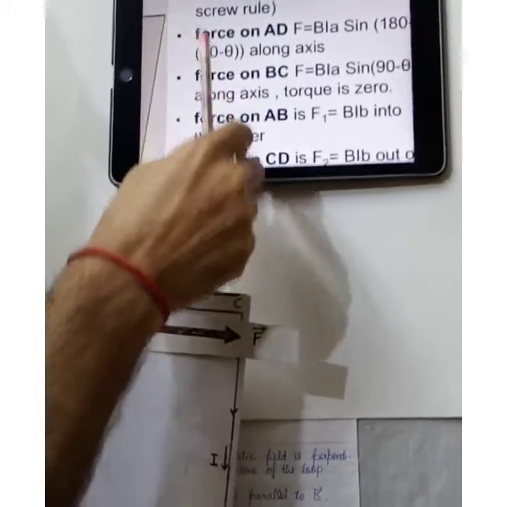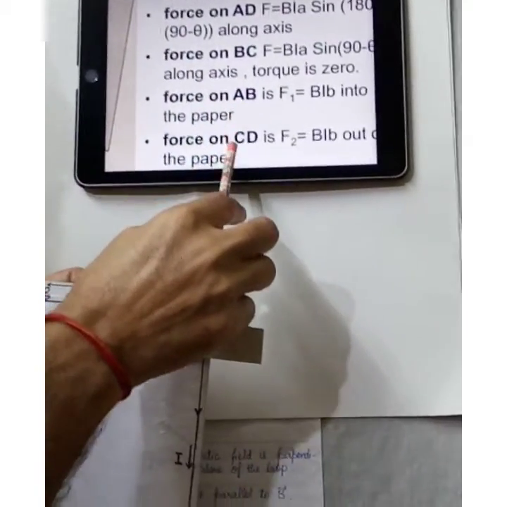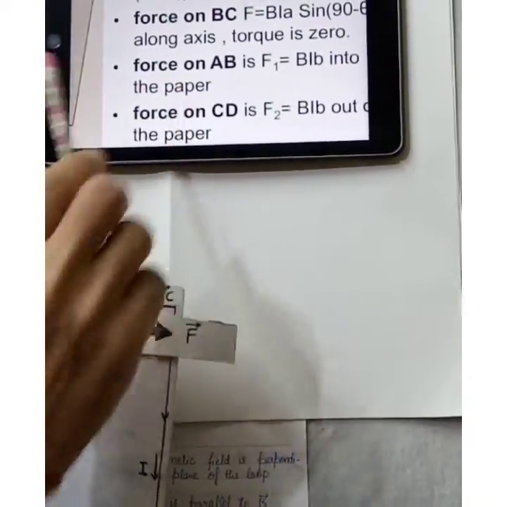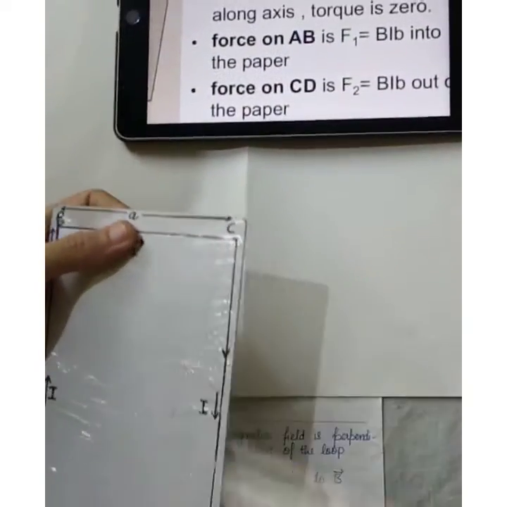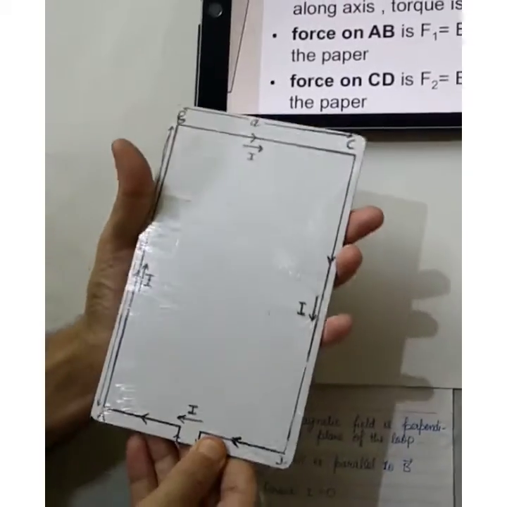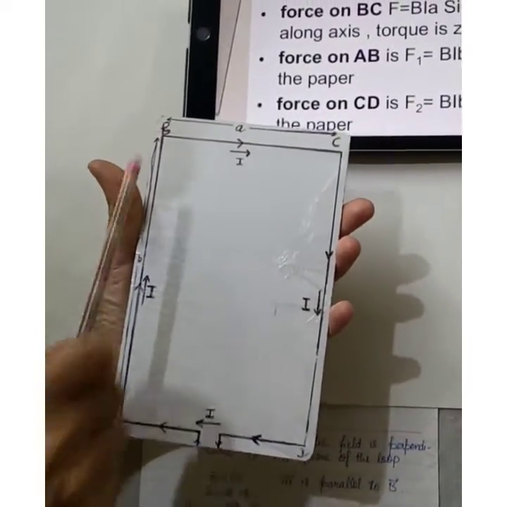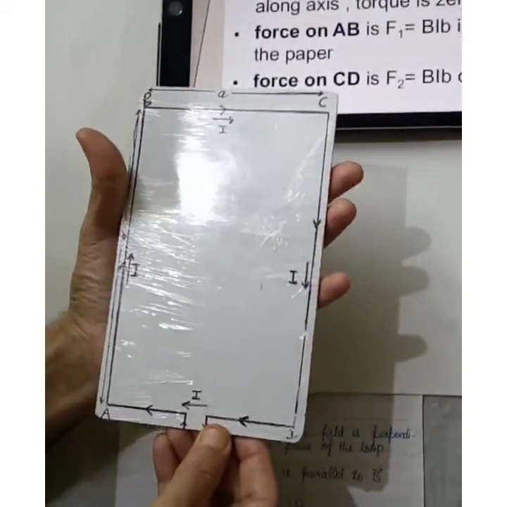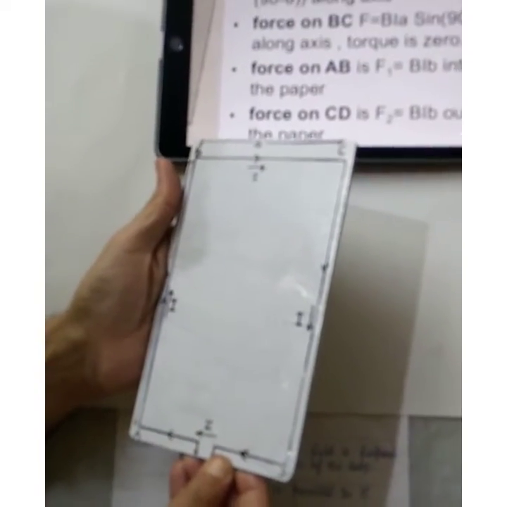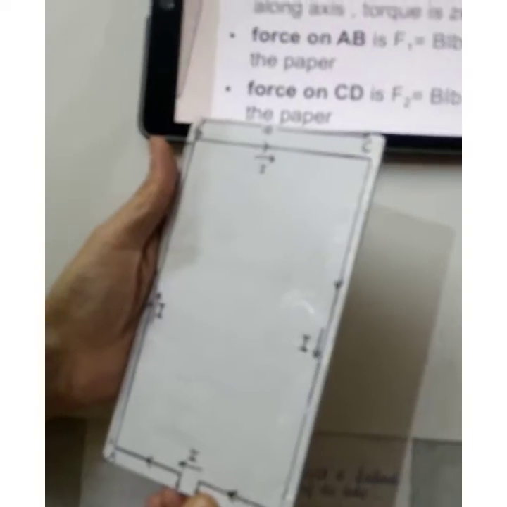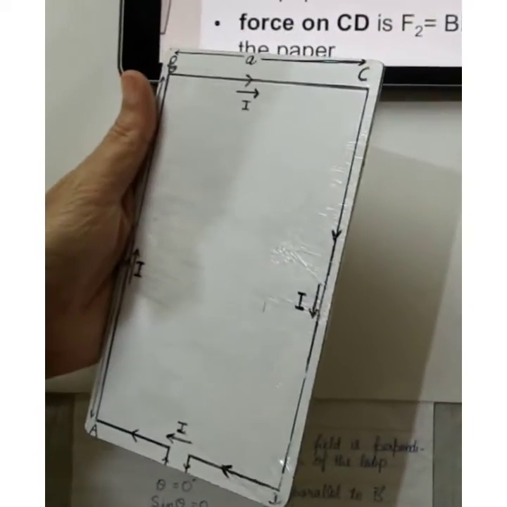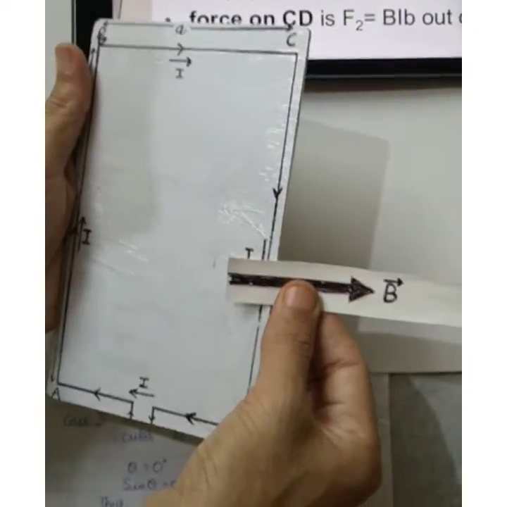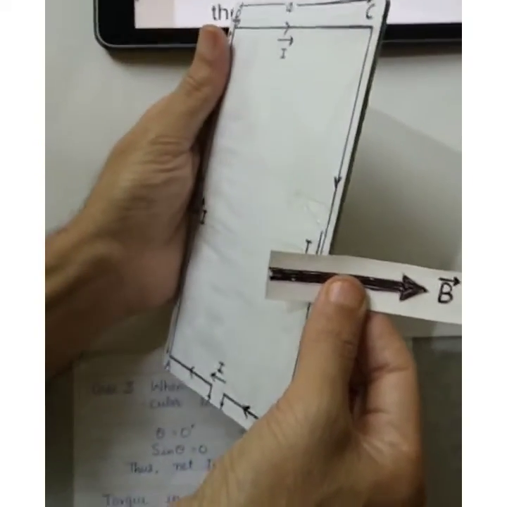Now we come over to the conductors AB and CD and determine the force on them and the direction of the force on them. These two conductors have also gone a rotation of 90 minus theta, but what is their angle with the magnetic field? It remains 90 degrees.